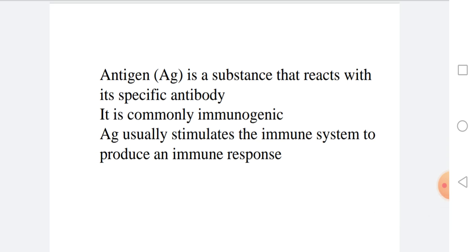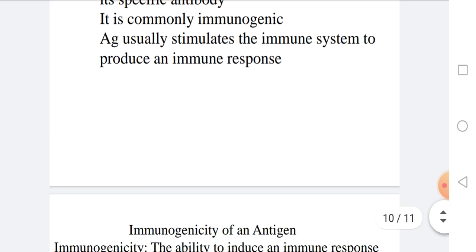Antigen, abbreviated as AG. Antigen is a substance that reacts with its specific antibody. It is commonly immunogenic. Antigen usually stimulates the immune system to produce an immune response.